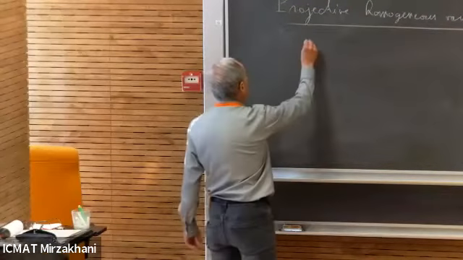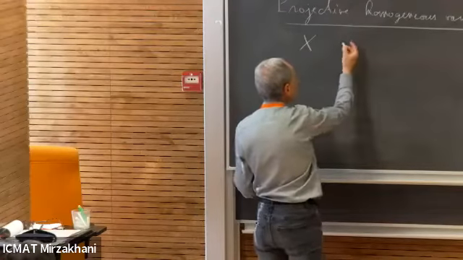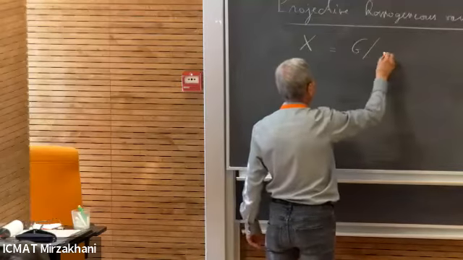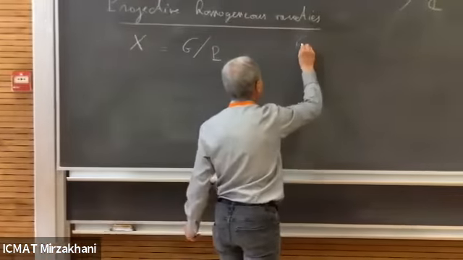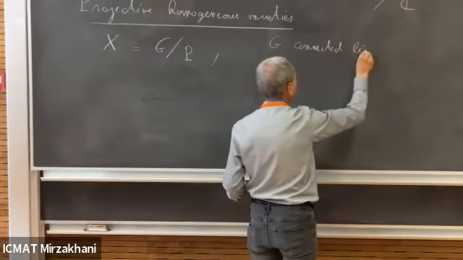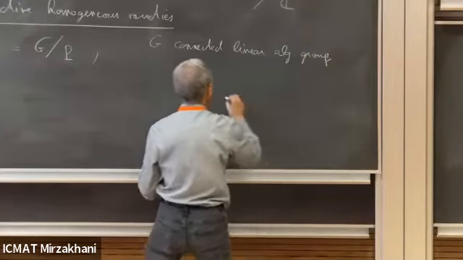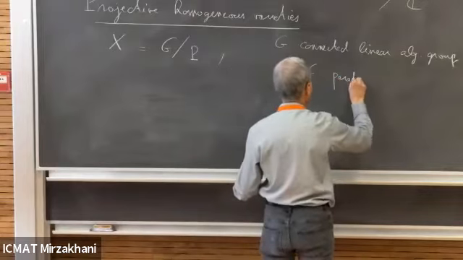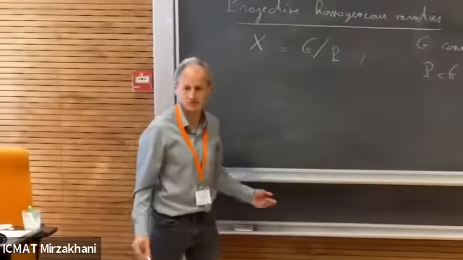So let me consider a variety X, as the title suggests, as the quotient G by some P. So G is a connected linear algebraic group. And P is a so-called parabolic subgroup, which just means that G mod P is projective.